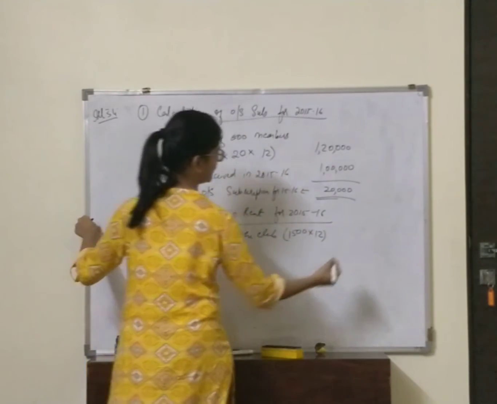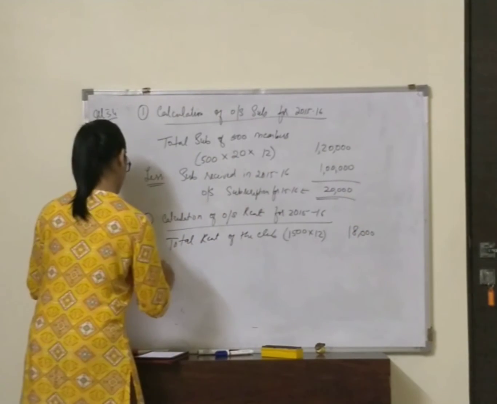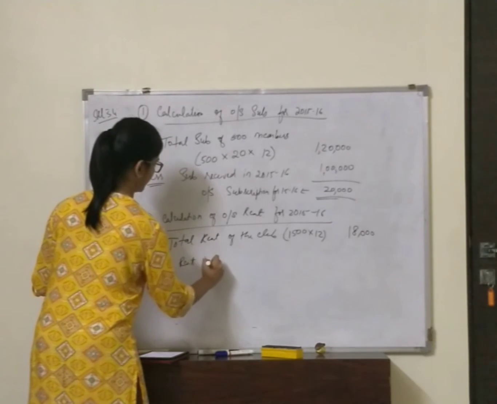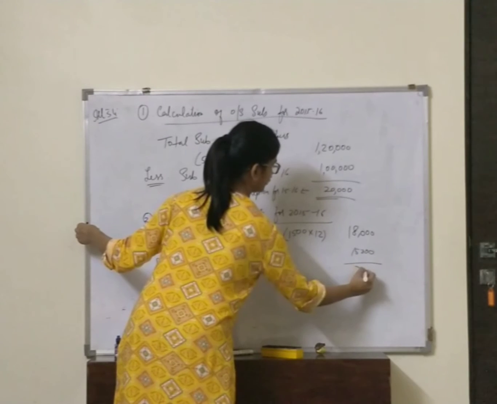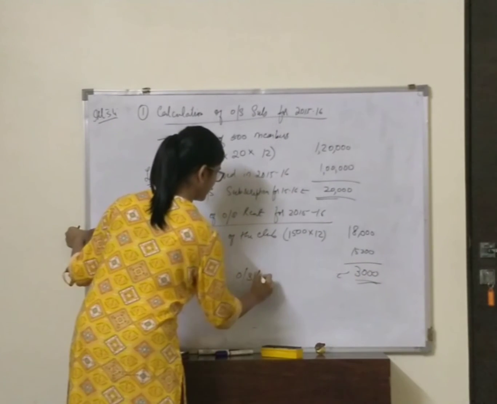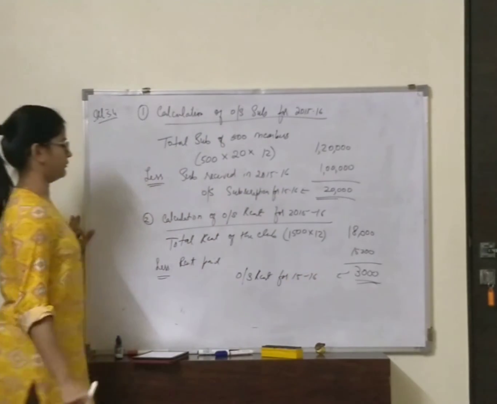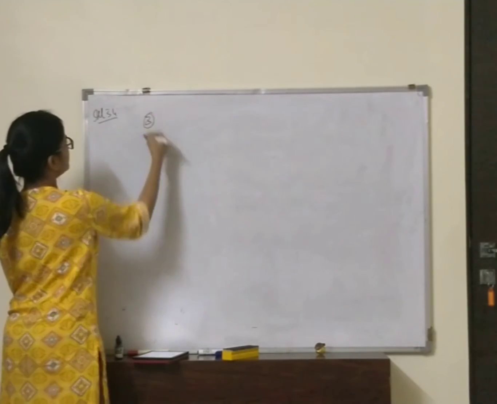How much is it? 18,000 less rent paid. How much rent have we paid? 15,000. So what do we get? 3,000. 3,000 is our outstanding rent for 15-16. Clear? Next, write down note number 3.